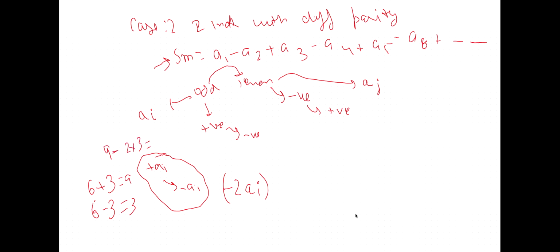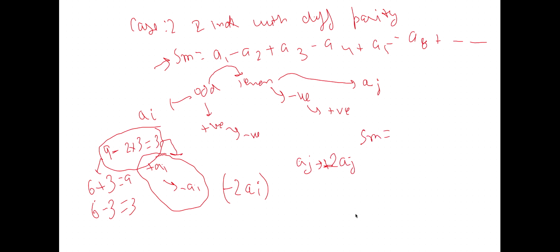Okay. I hope that you are able to understand this because it's very simple. Okay. And if you change aj from negative to positive, it will create a difference of positive 2 times aj.